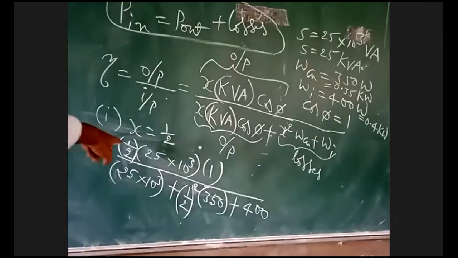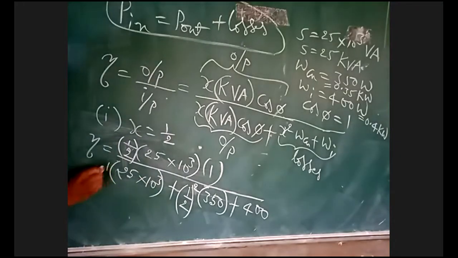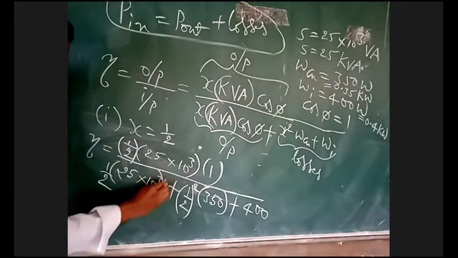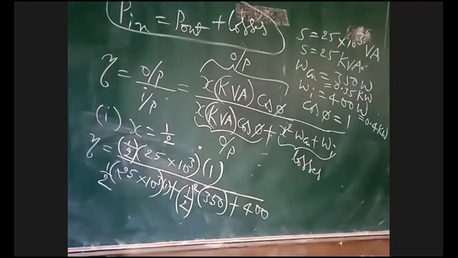Here it is x is half, x kVA cos phi. Efficiency is x kVA cos phi divided by x kVA cos phi plus x square WCU plus WI.